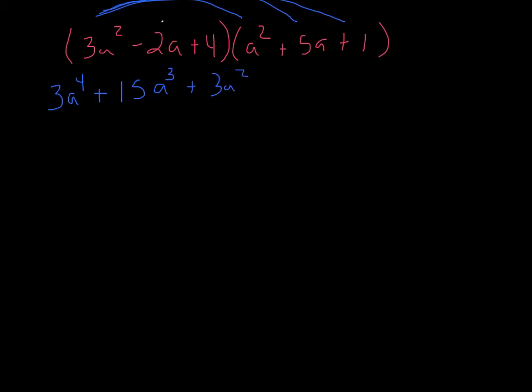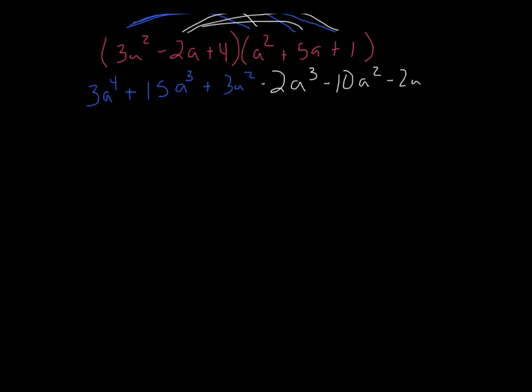Okay, next, negative 2a times a squared will give you negative 2a to the third. Negative 2a times 5a will give you negative 10a squared. Negative 2a times 1 will give you negative 2a. And I'm already writing too big, so I better shrink this down just a hair.